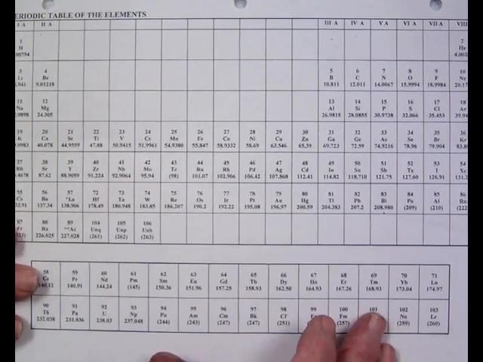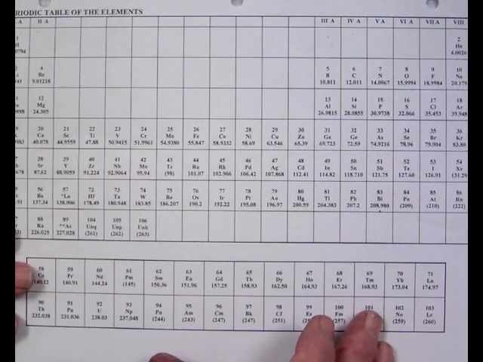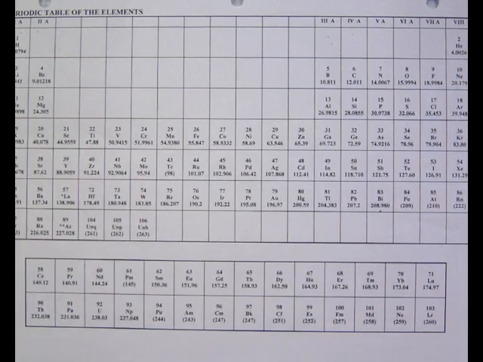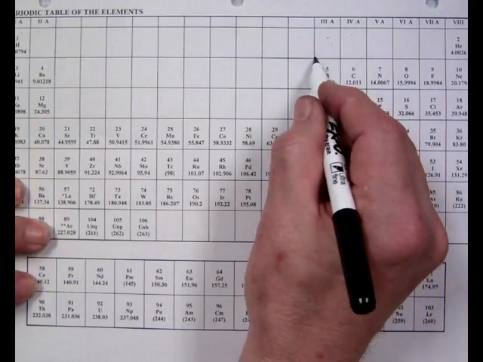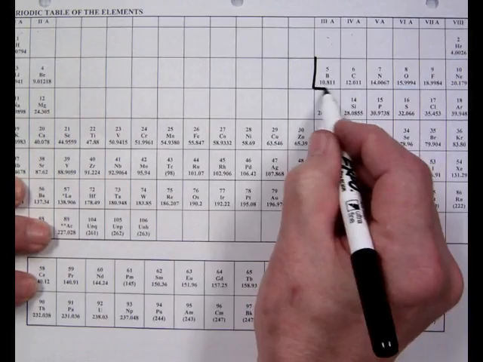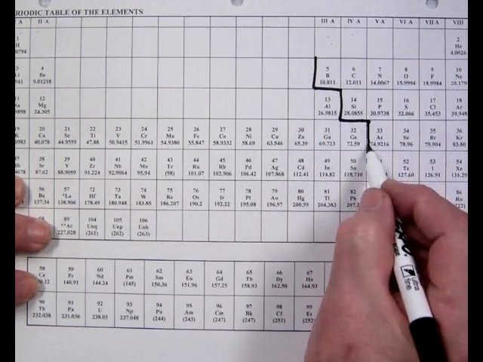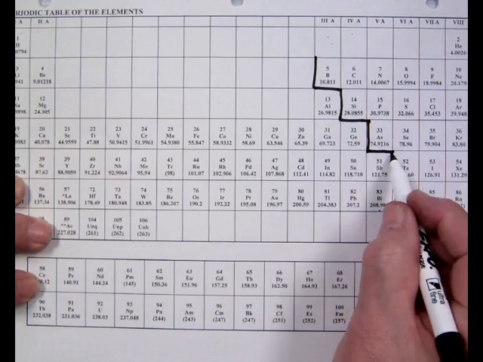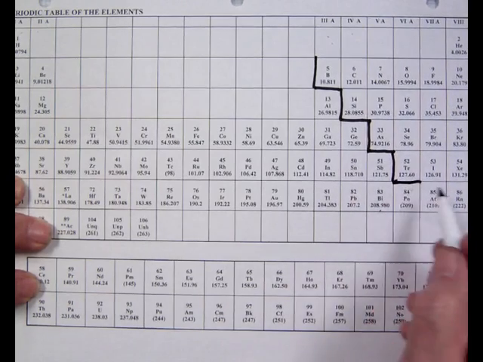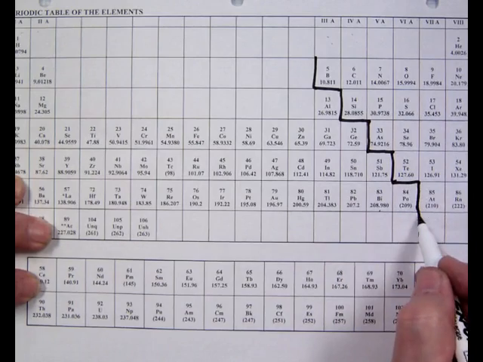Starting here, we want to separate the elements into the metals and nonmetals, which we're already familiar with.